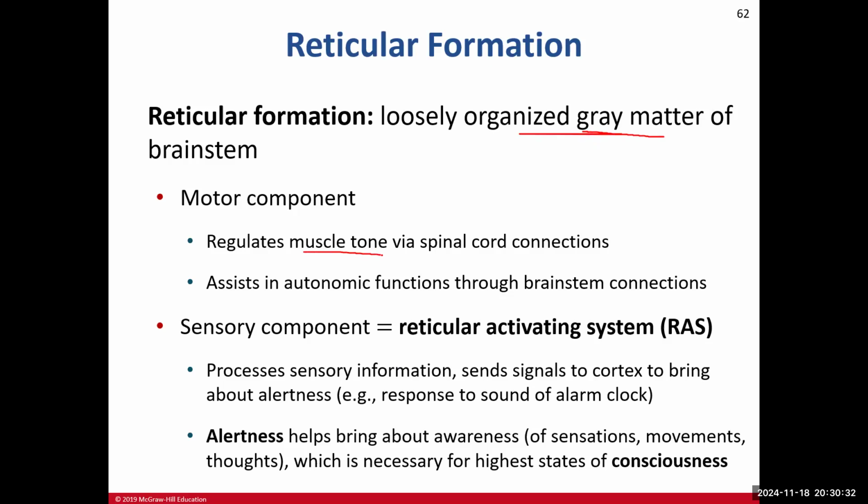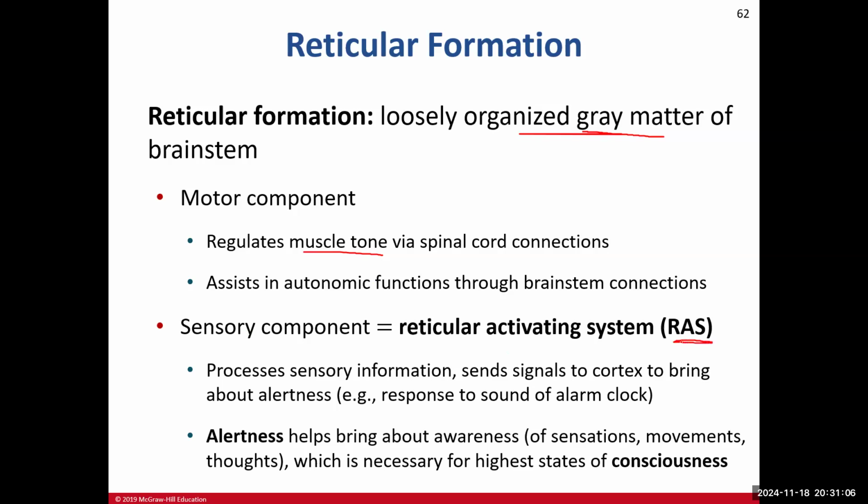When you're very relaxed, the motor component of the reticular formation is going to cause your muscles to relax, like when you're sleeping. This is what I was telling you, when you're standing versus sitting versus laying down versus sleeping versus being awake. When you're sleeping, your motor tone decreases significantly because the reticular formation here is not going to be very active.